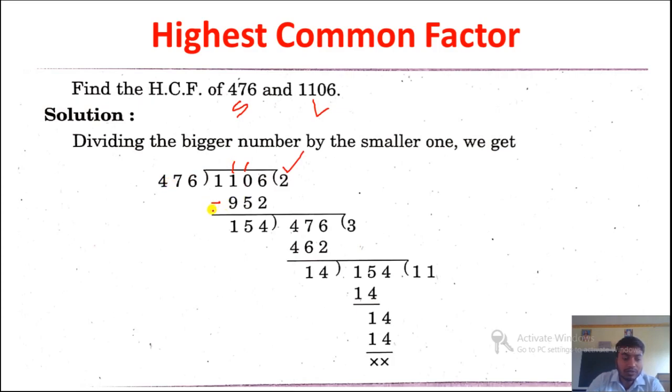Now we have to subtract. 6 minus 2 needs a borrow, so this becomes 10 minus 5, and this becomes 0. Now 10 minus 9 is 1. So here we got 154. This is the remainder.